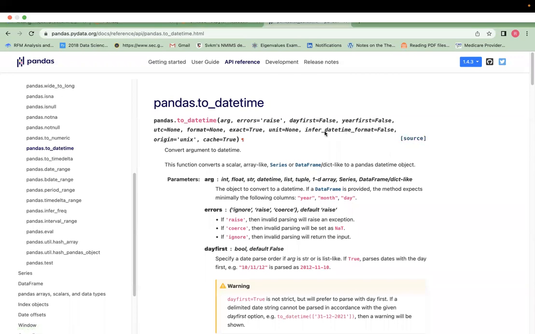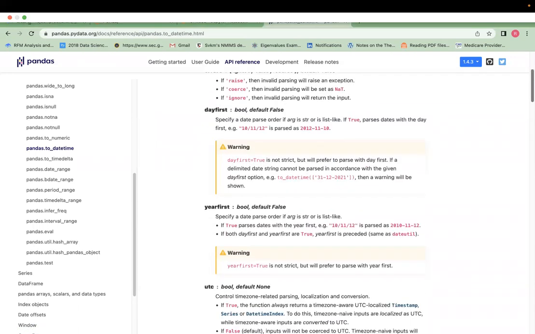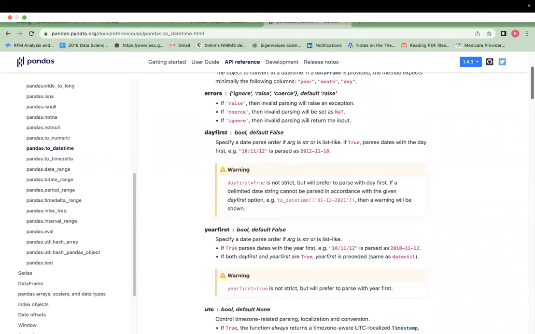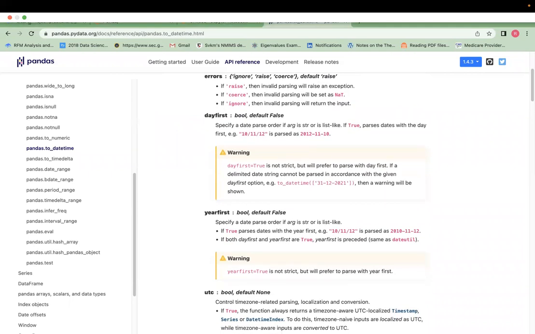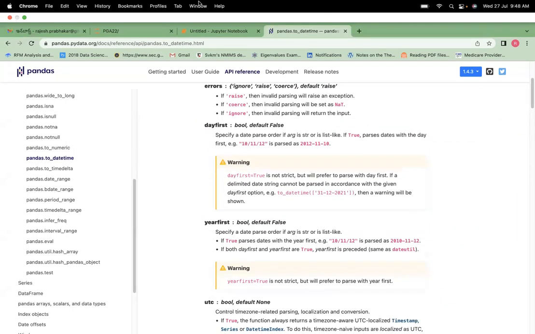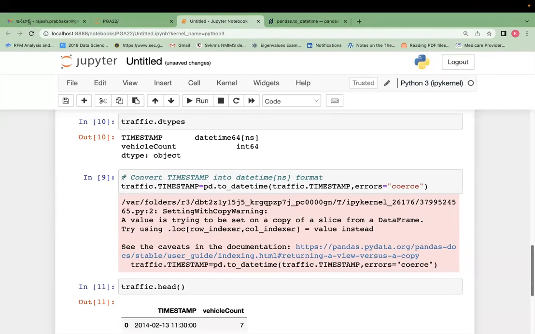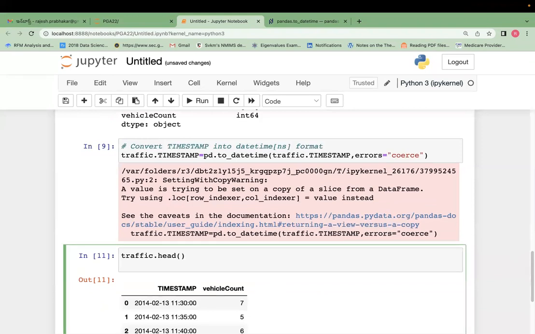Yes, sir. So there are multiple formats it will read. The default date format in Python is YYYY hyphen mm hyphen dd, or the same thing with slashes: YYYY slash mm slash dd.